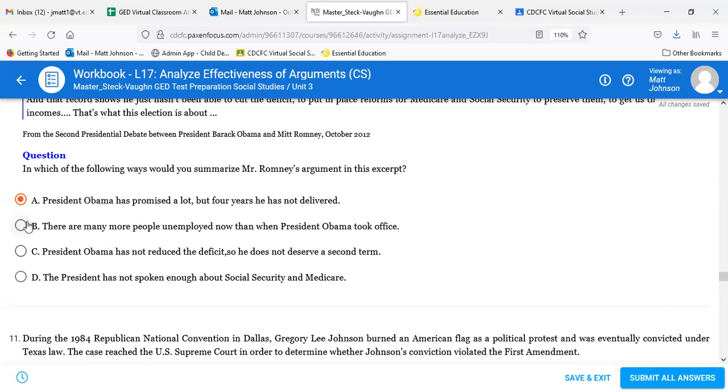Now, I'd have to do some calculations, but when you're thinking about 300-some million people in this country, 9 million people unemployed sounds like a lot. So he makes sure that he uses 9 million people rather than saying that might only be like 6% unemployment, right? So it sounds a lot better.